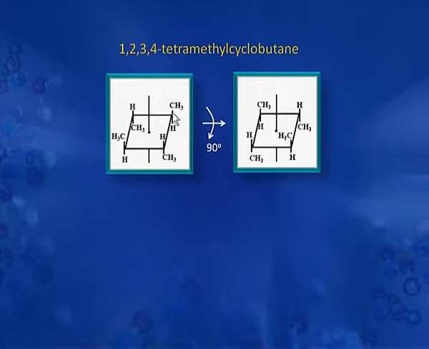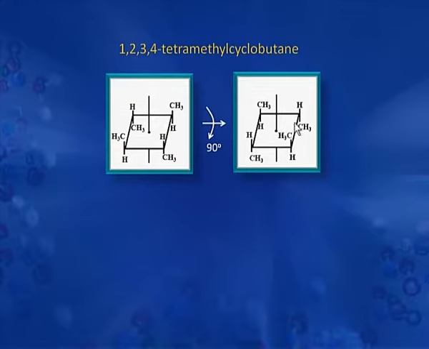This carbon where methyl was above, after rotation of 90 degrees across this axis, will occupy this corner, means here. So this is methyl above and hydrogen below. This corner shifts to the next, that is hydrogen and methyl above and below. Then this corner shifts here, that is methyl and hydrogen above and below.